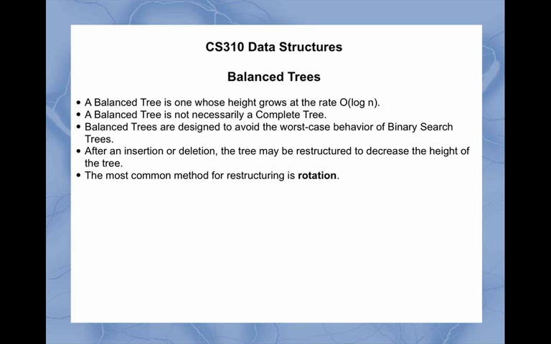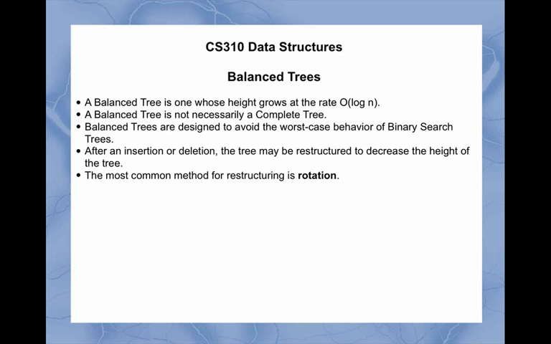Balanced trees are actually designed to avoid the worst case behavior of binary search trees. You would never include a standard binary search tree in a library API provided to developers because of this worst case behavior. In the average and best cases, binary search trees perform very well indeed. Log n behavior is very good.